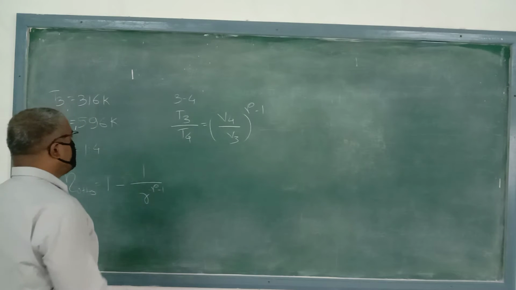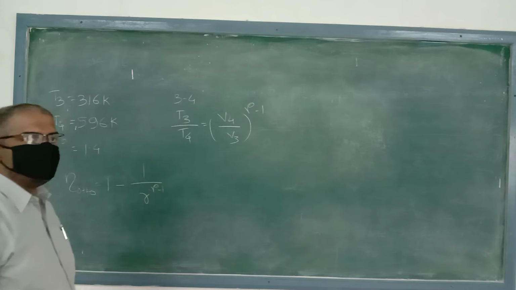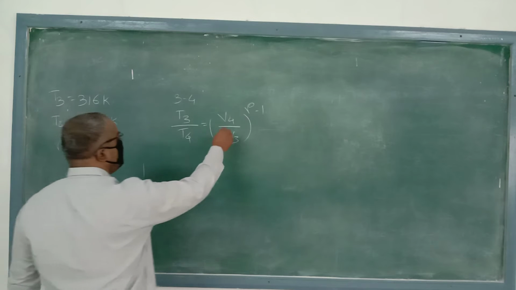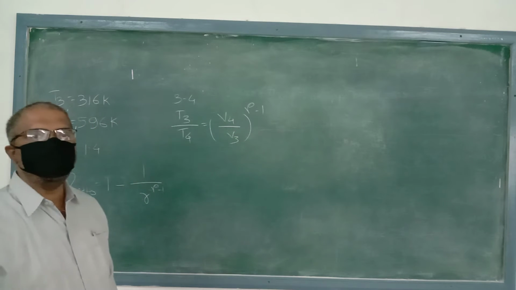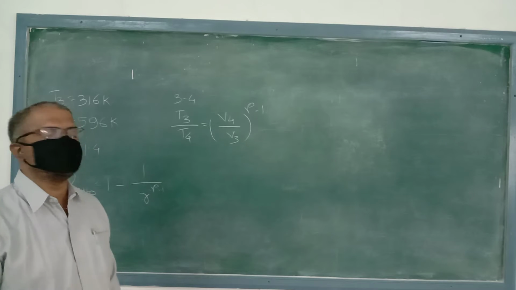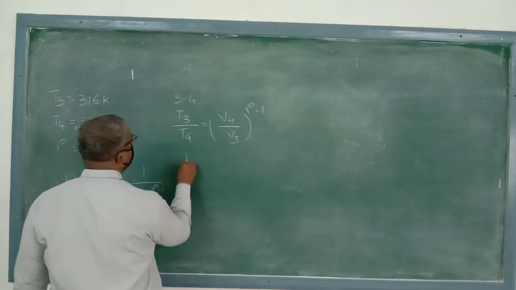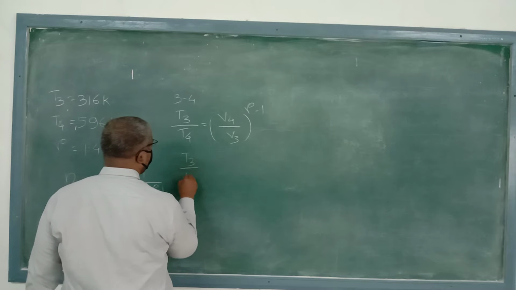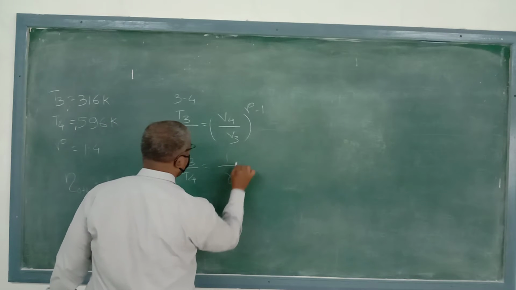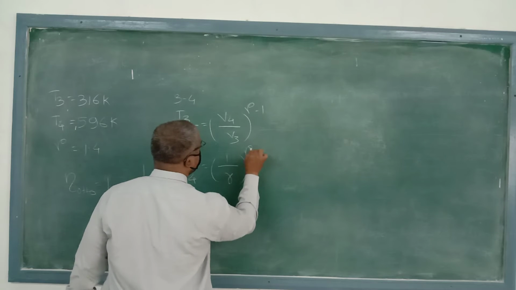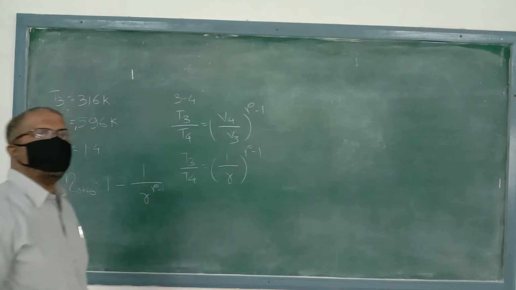In this relation, V4 upon V3, or we are saying V3 upon V4, this is the compression process. So we can also write T3 upon T4 is equal to 1 upon r raised to gamma minus 1.